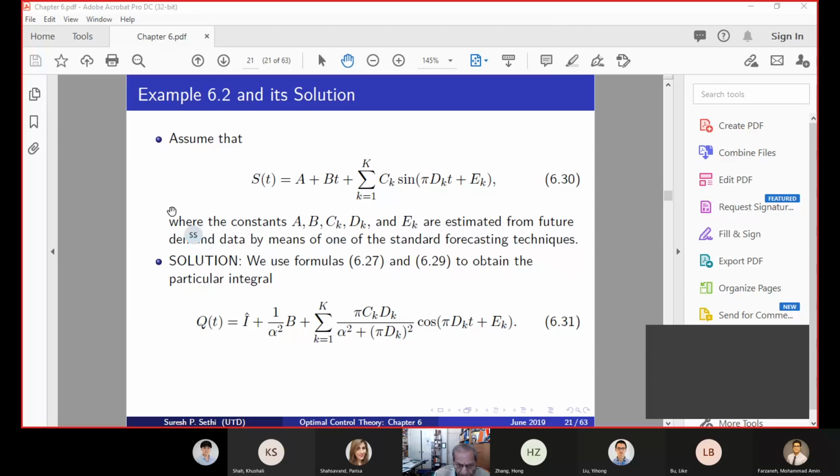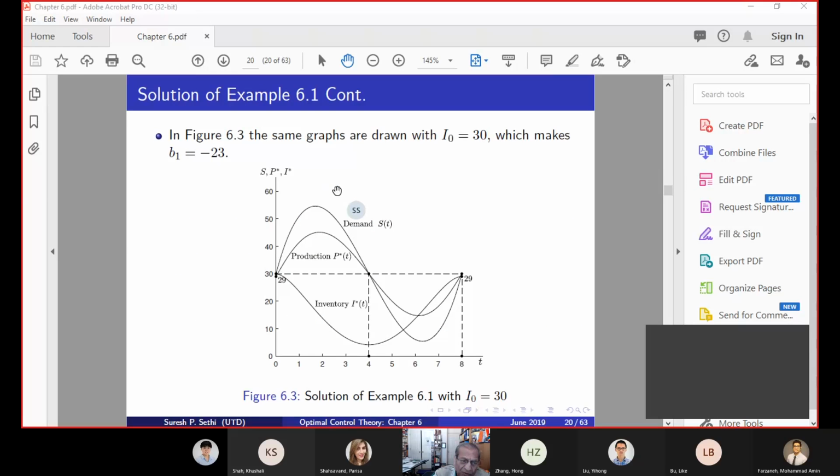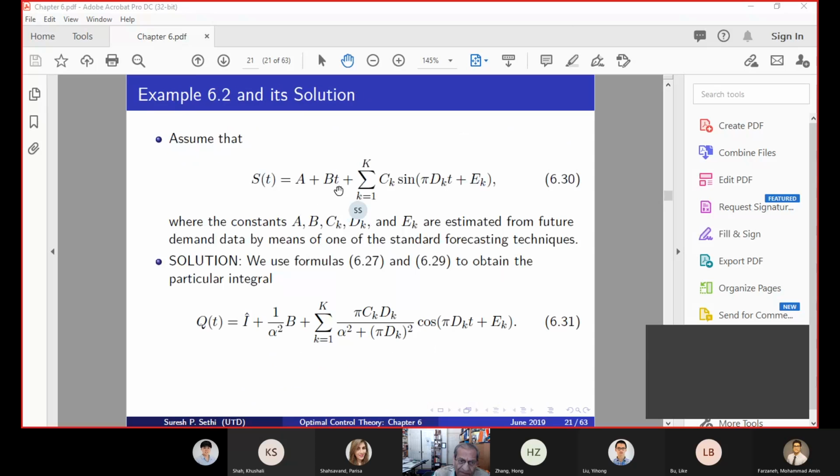If you go to a forecasting course, you may learn different kinds of demand forecasts. And this is a very popular demand forecast. It says the demand is constant plus some trend.